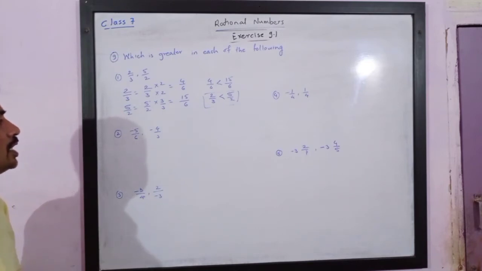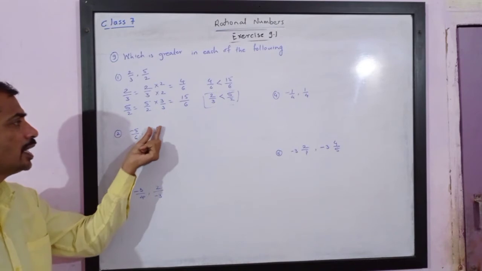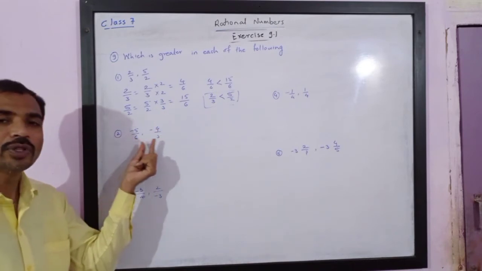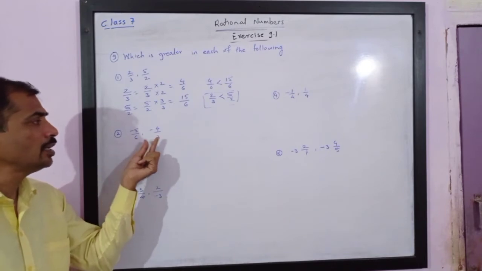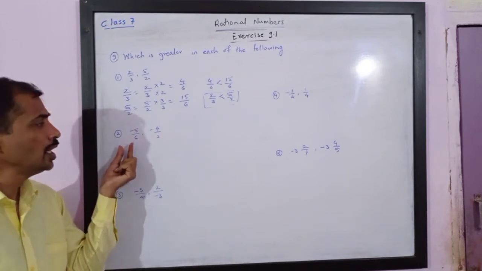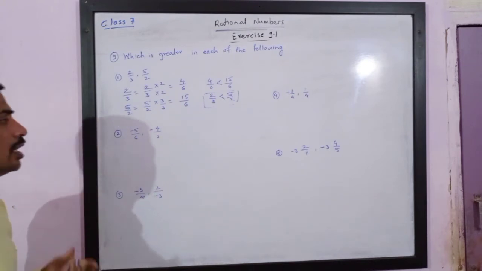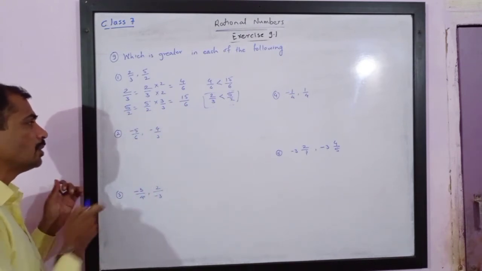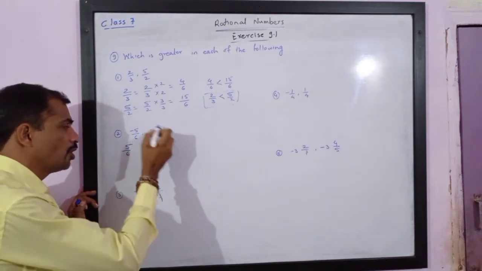Then the next fractions are negative 5 upon 6 and negative 4 upon 3. Please note, both are negative rational numbers. To compare the negative rational numbers, first we ignore the sign and do the comparison of positive rational numbers. That is 5 upon 6 and 4 upon 3.